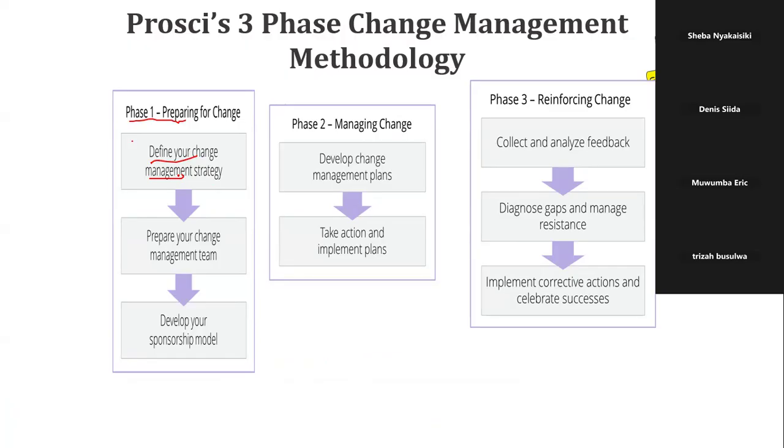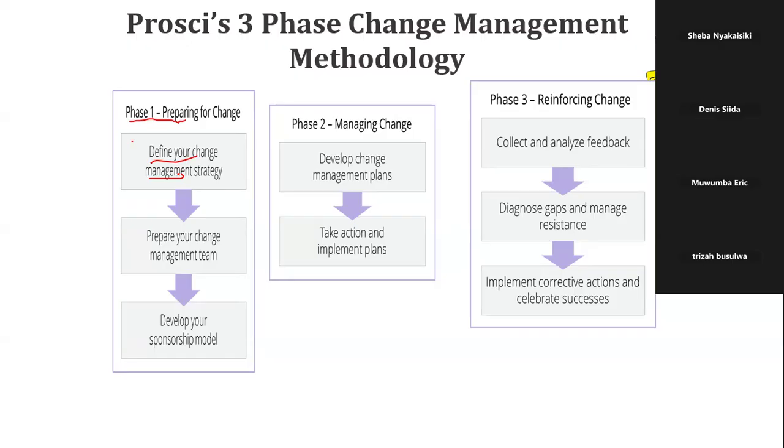Again, everything starts with a plan. Define your change management strategy. So in our change management, for example, we may plan and say, okay, a change is going to happen. Who's going to be affected by it? We start by defining who is going to be affected by it.